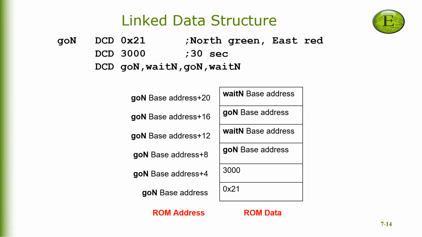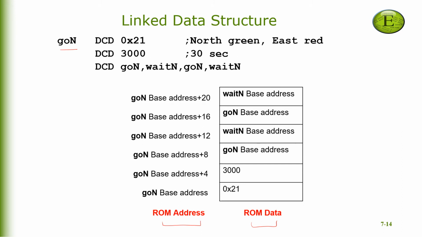The actual map of the go n state array, if visualized, how is it going to be stored in the ROM? On the right hand side I have indicated the ROM data, and on the left hand side I have indicated the ROM addresses.